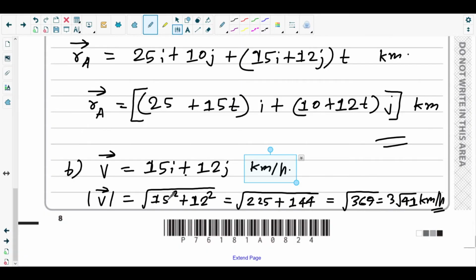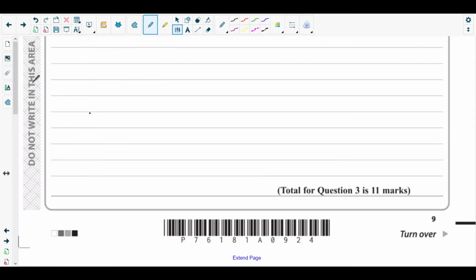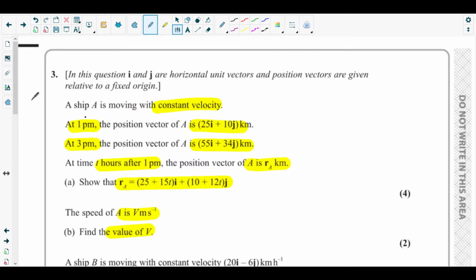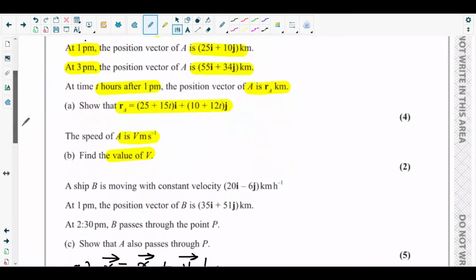So we got the speed, the value of v, which is 3 root 41 kilometers per hour, and that's exactly what part B of question number 3 has asked for. Next is part C.